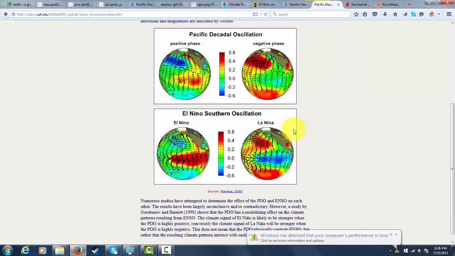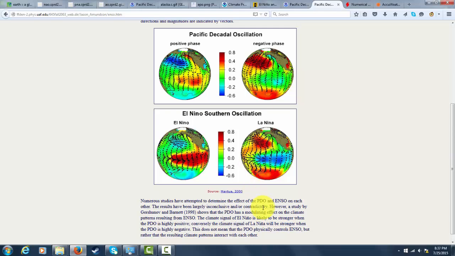Now, I have this graphic here from the University of Alaska at Fairbanks that shows over here the PDO phase, and here's the El Nino, or the Southern Oscillation phase. And in the El Nino years, positive PDO's favor warmer than normal temperatures, just like an El Nino over here, and a negative phase, cooler than normal temperatures across the Pacific, just like a La Nina.